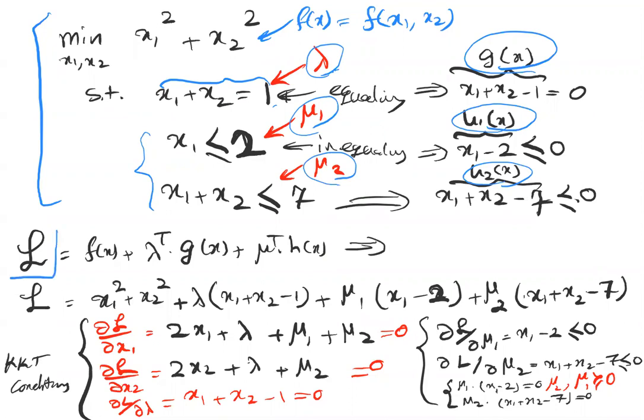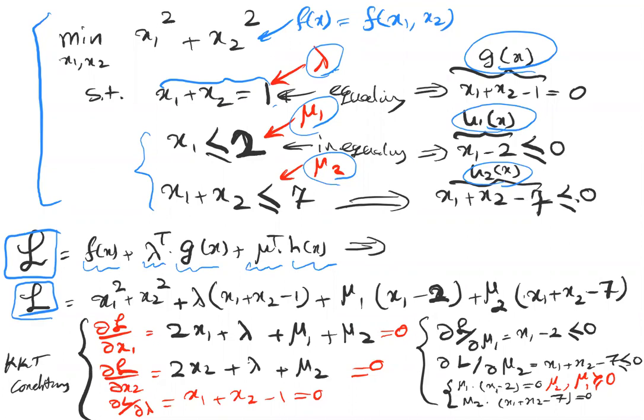Then we define the Lagrange function. This is nothing but your objective function plus equality constraint Lagrange multipliers multiplied by the equality constraint plus inequality constraint Lagrange multipliers multiplied by the inequality constraints. After we formulate the Lagrange function, we want to write KKT first order or necessary conditions.